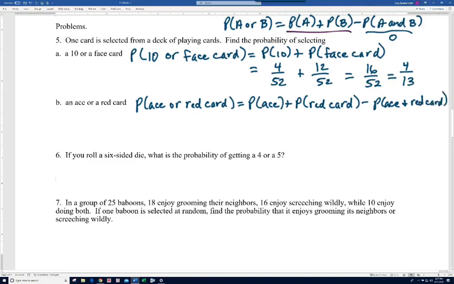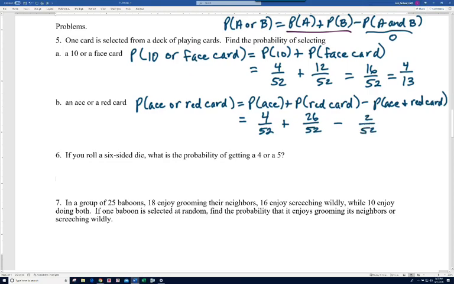Well, the probability of getting an ace, that's 4 out of 52, plus the probability of getting a red card, remember that's half the deck, 26 out of 52. So the probability of getting an ace and a red card, so again we have the ace of diamonds and the ace of hearts, that's 2 out of 52.